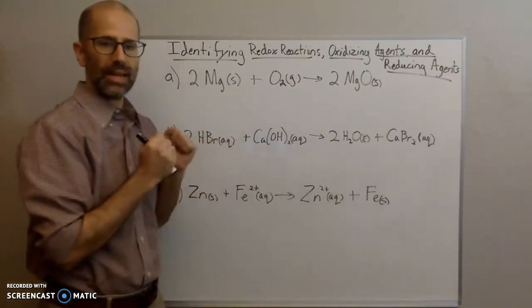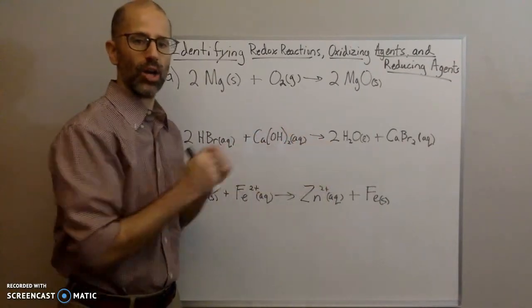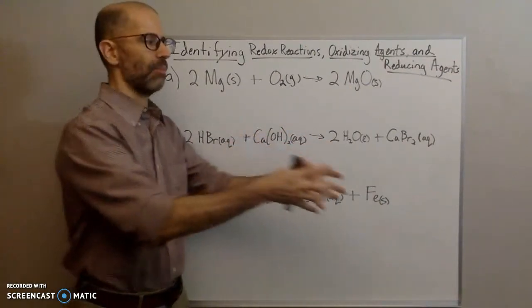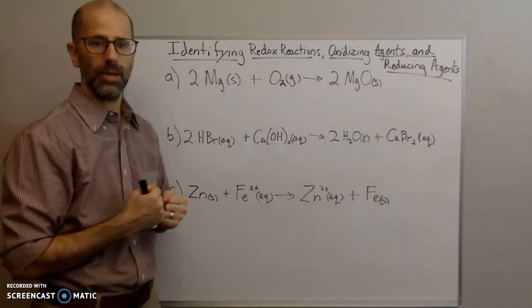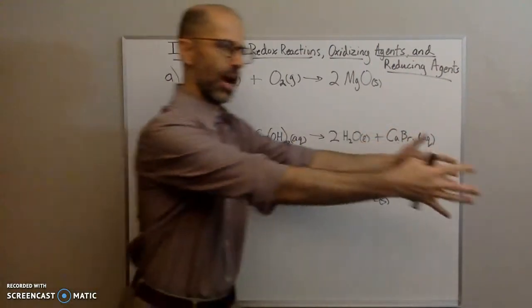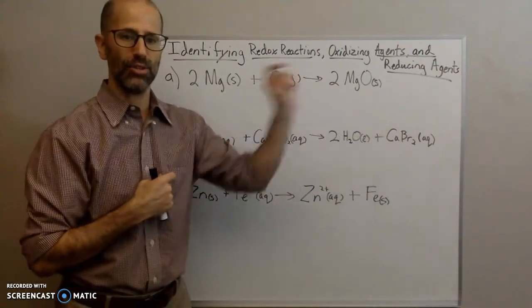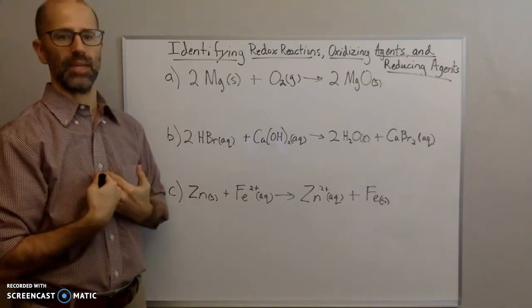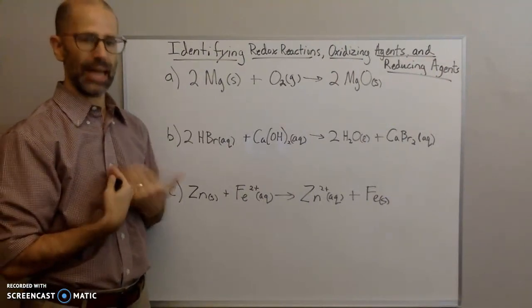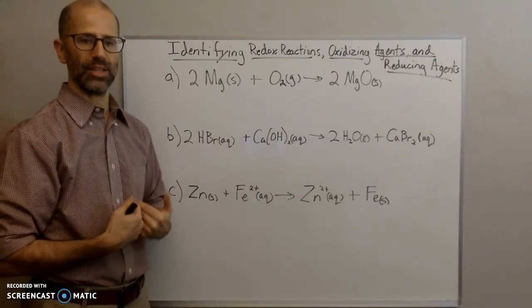And what is oxidation? Oxidation is loss of electrons. So how am I going to cause them to be oxidized? By taking their electrons. If I take your electrons as the oxidizing agent, you're oxidized, you lost your electrons. What happens to me as the oxidizing agent? I gain the electrons, so I am reduced. So the oxidizing agent is reduced.